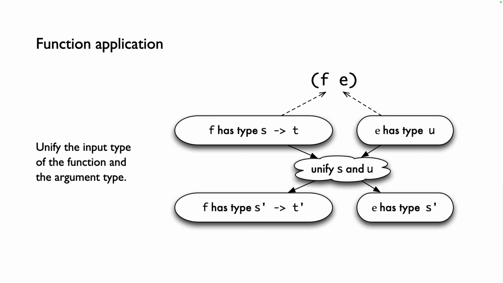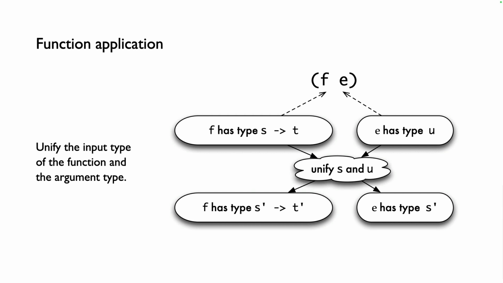Now let's just look at function application. We looked at the informal example. Let's state a bit more clearly what goes on here. We have a function type s to t, and we have e, the expression e, having type u. What we need is for u, the type of the expression, to somehow be unifiable, to be compatible with the input type of the function. That is s.